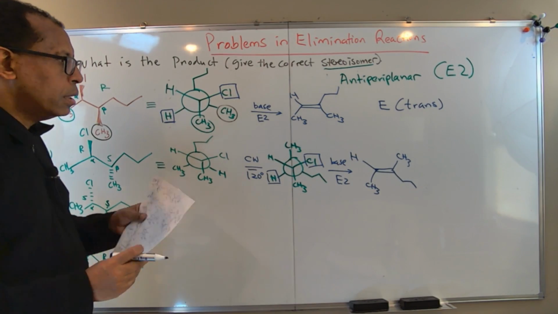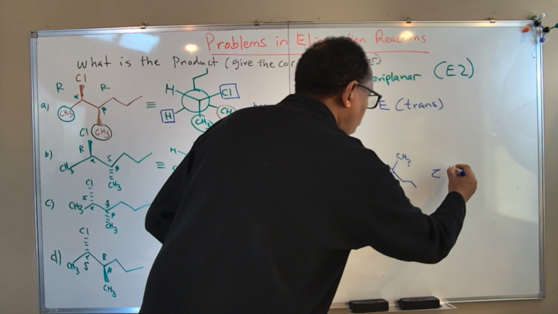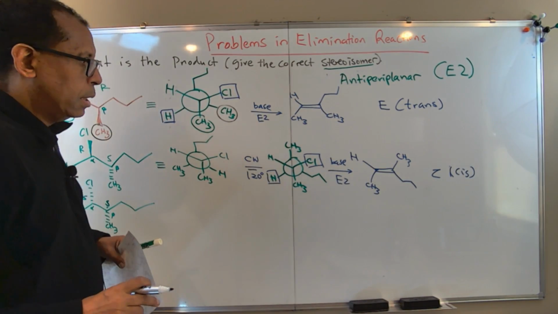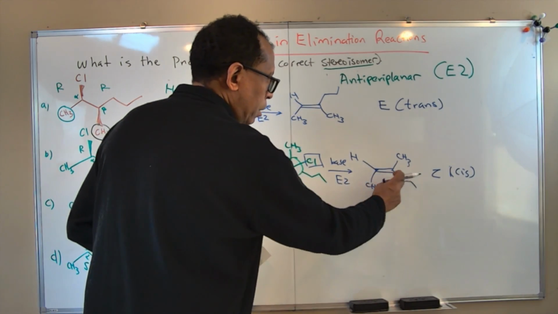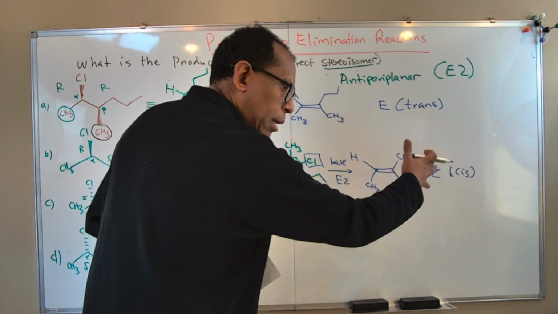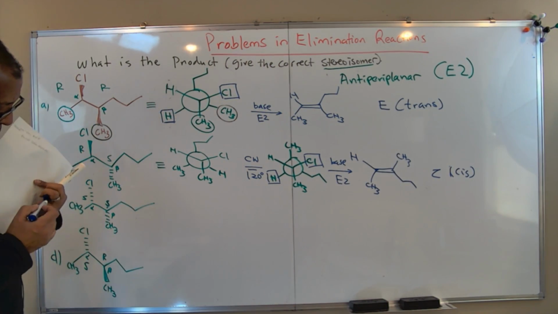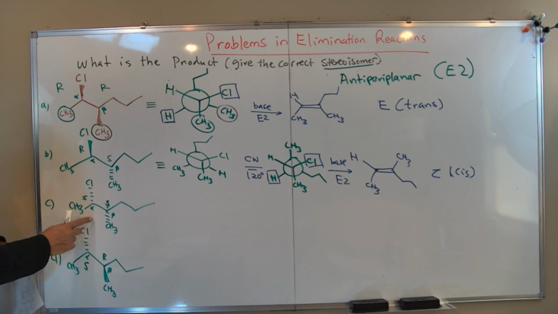So this is a Z isomer, Z or cis. How is that cis? High priority down here, high priority down here, the same face. That is a Z isomer. Okay, let me do the third one, which is C compound, which is SS.